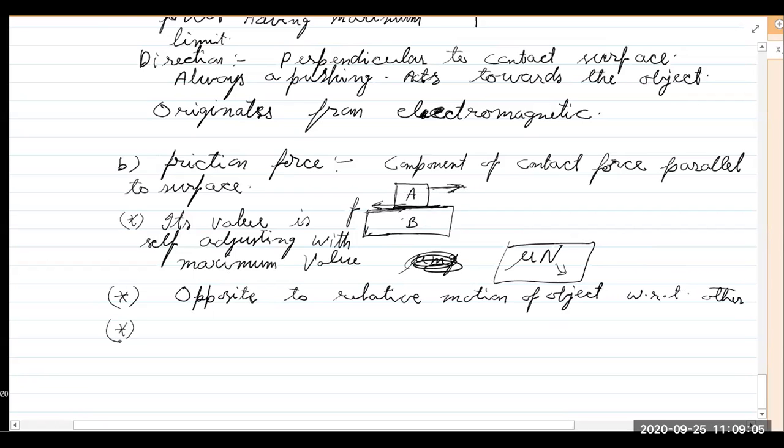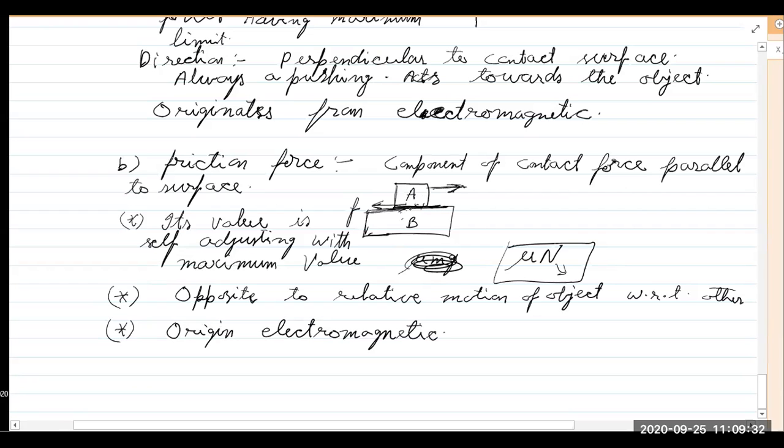And fourth, it also originates from the electromagnetic force. So why is the origin electromagnetic? Here also, the basic reason is that this force is appearing due to the interaction force between the molecules and atoms at the two sides of the contact surface.